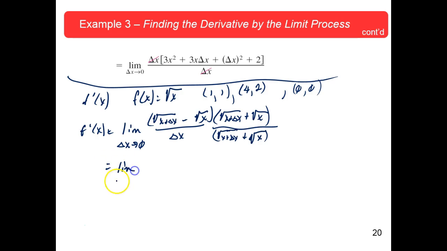The limit as delta x approaches 0 of, and what does that numerator give us? When you multiply the sum times the difference of the same two numbers, in other words a number by its conjugate, what do you get? Y'all did this way back in algebra. A minus b times a plus b.